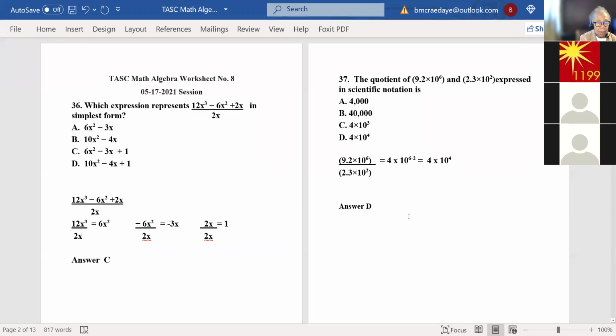You'd put both answers. But I said scientific notation, which means it's got to be a number times 10 to a power. Okay, so 37 is D.